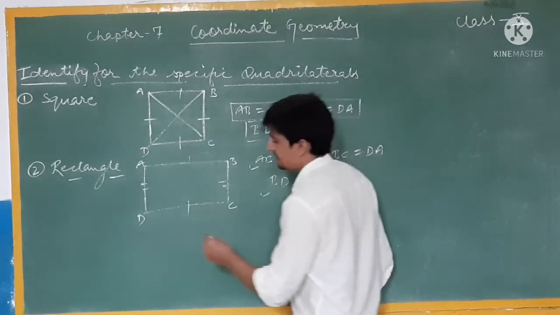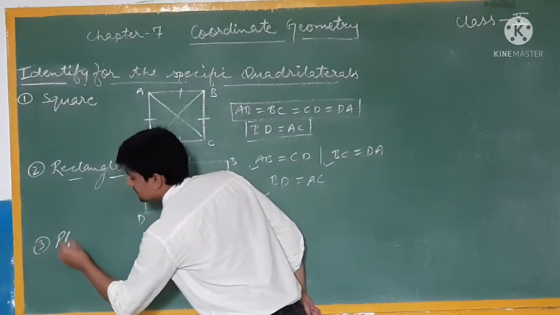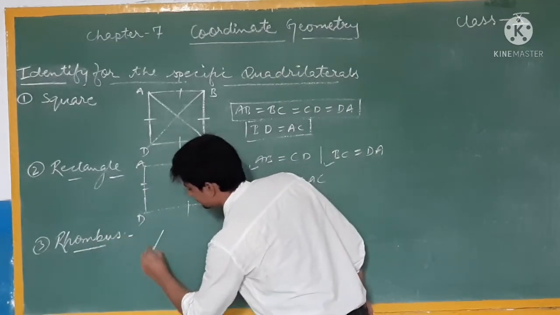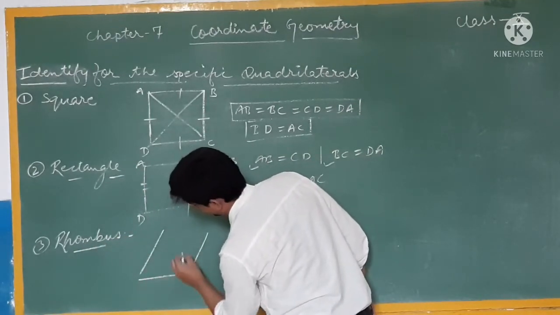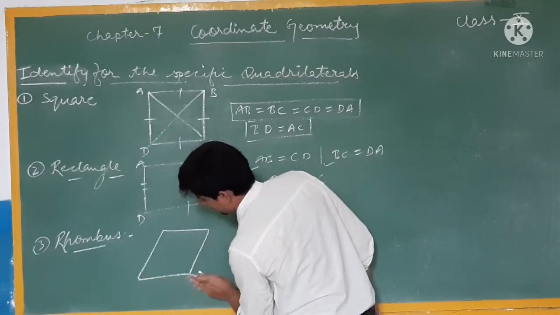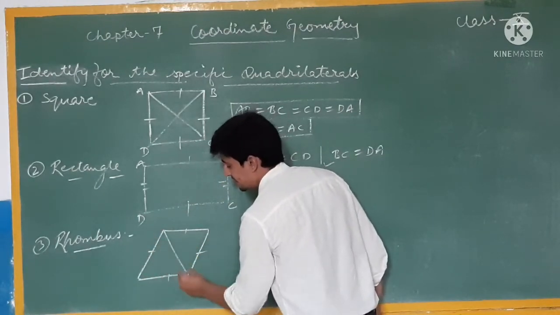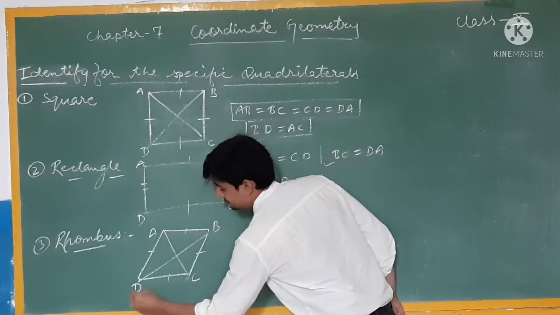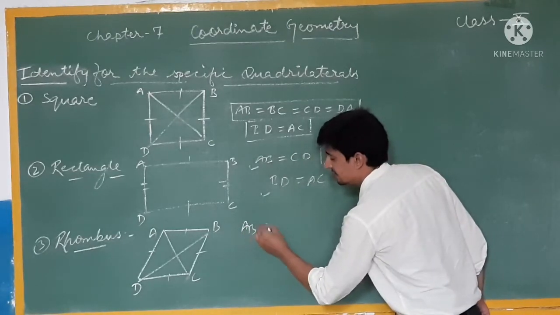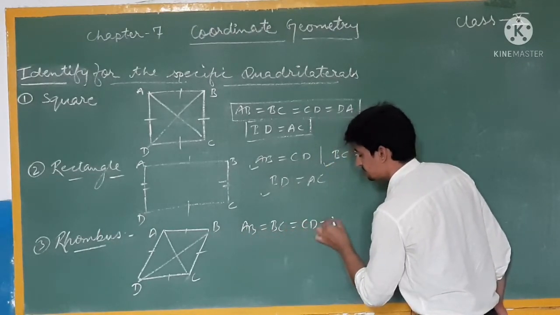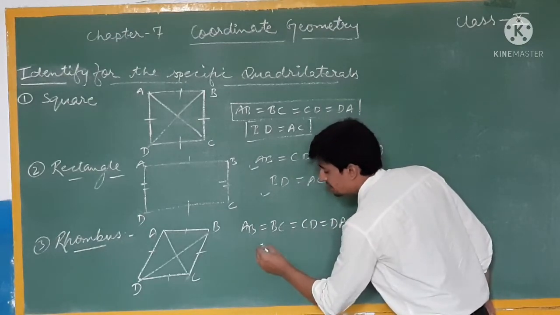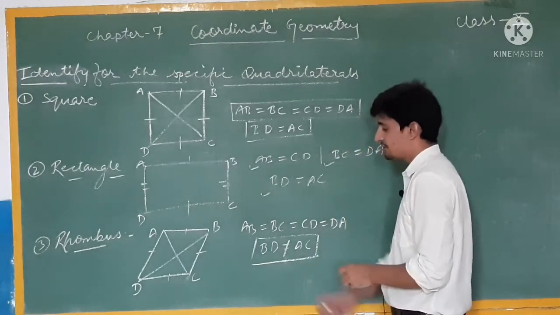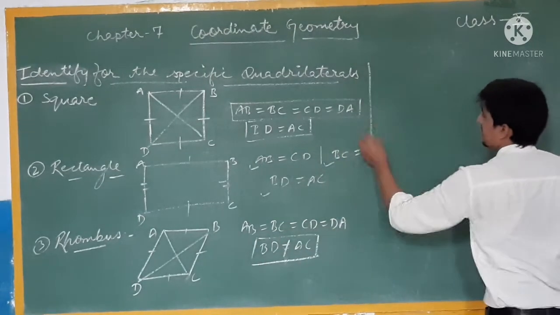Now third I have the rhombus. In a rhombus all sides are equal, but diagonals are not equal. Understood? Remember this for the rhombus. And last we have the parallelogram.